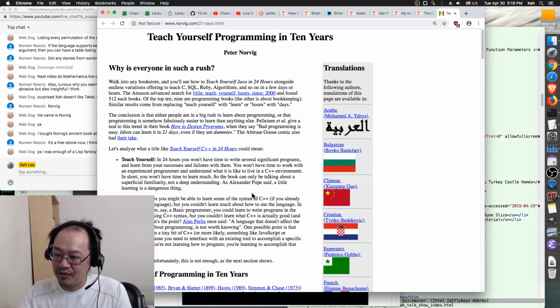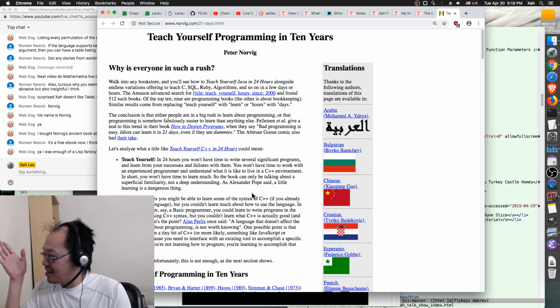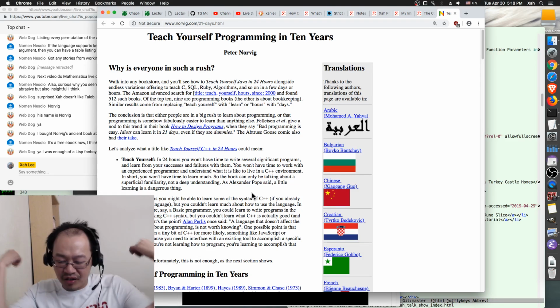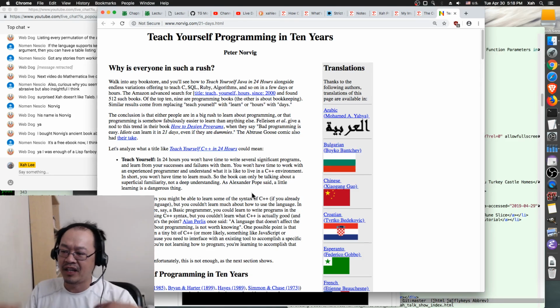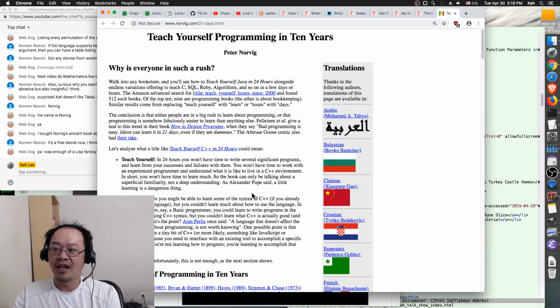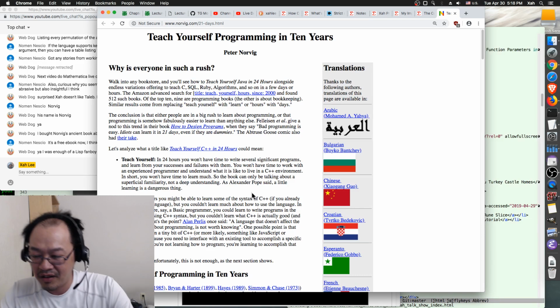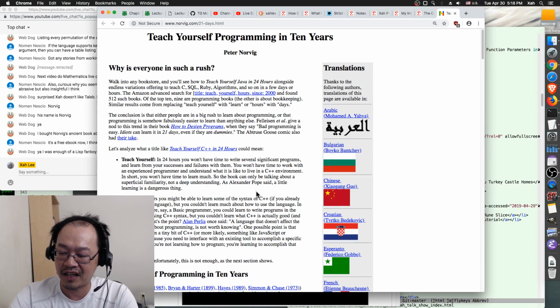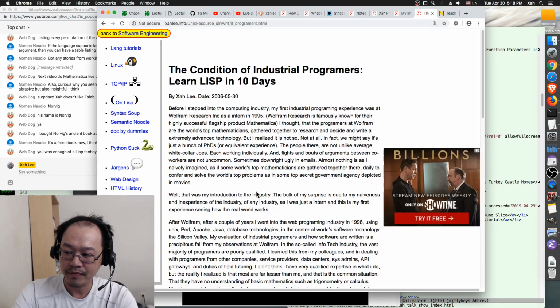That's ignoring reality. That's not looking at reality. Like you close your eyes, you live in a cave, you pretend you don't have to worry about a job. Like all the young people, they have 10 years sitting at home learning a programming language. So this is an idiotic concept.